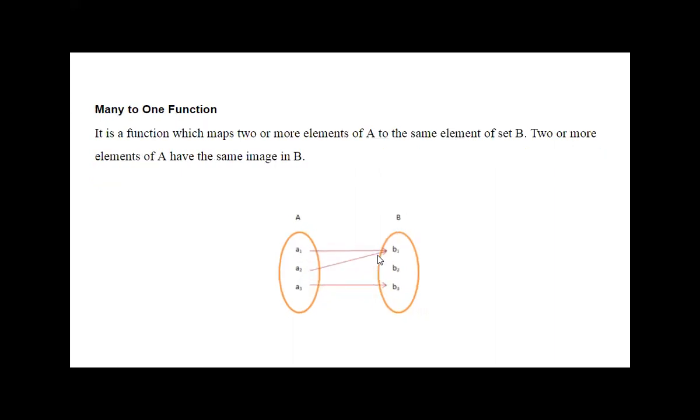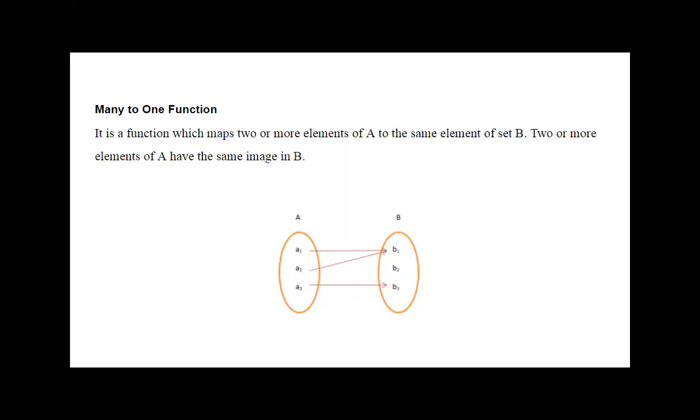Then there is the many to one function. It is a function which maps two or more elements of A to the same element of B. One-to-one function was what? Every element of A will be assigned to a specific element, however f of x is defined.